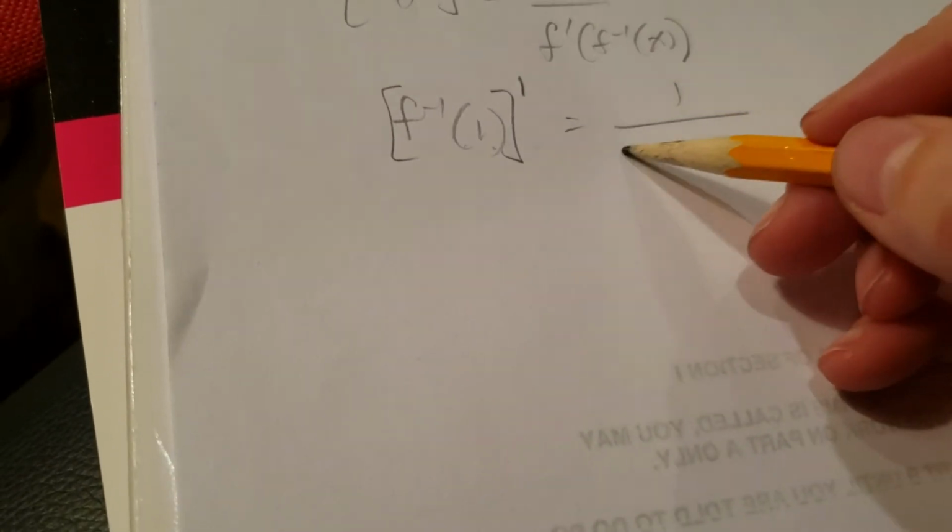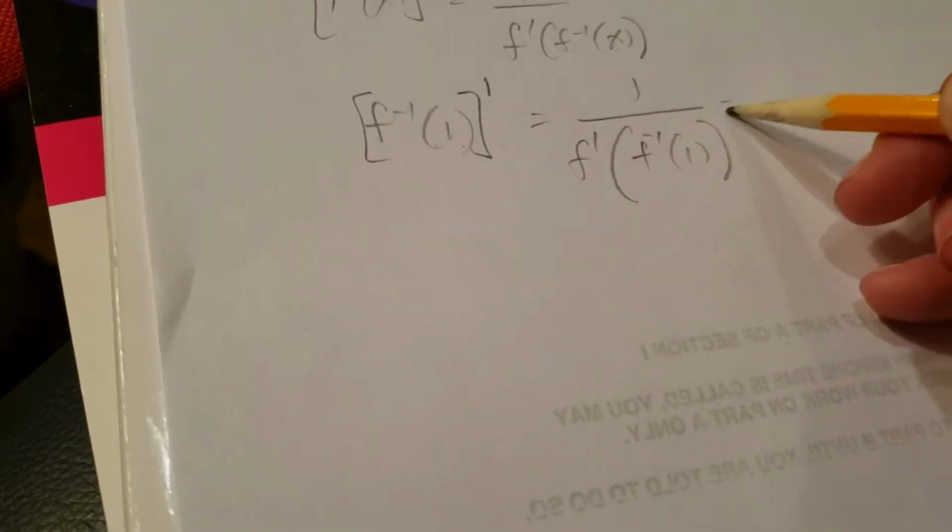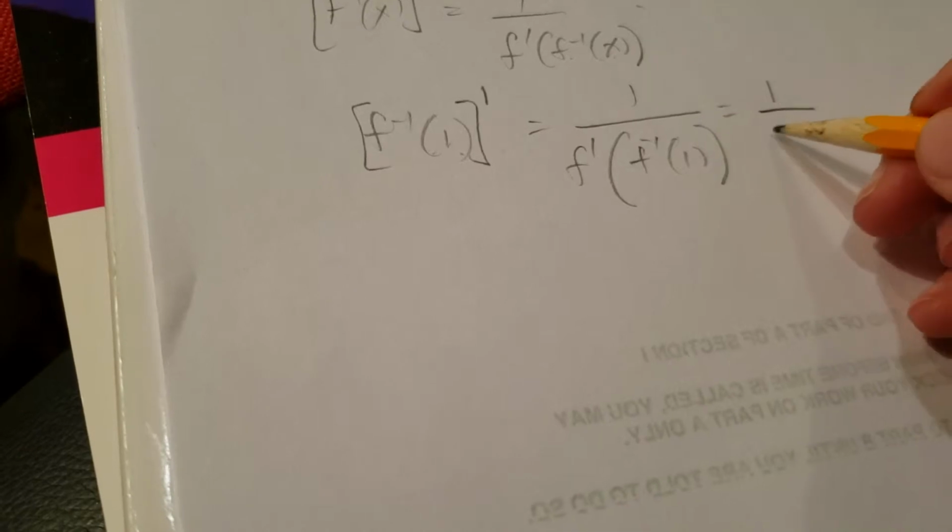So the derivative at x equal to 1 would be 1 over f prime of f inverse of 1, okay, and we found that to be 0, right?